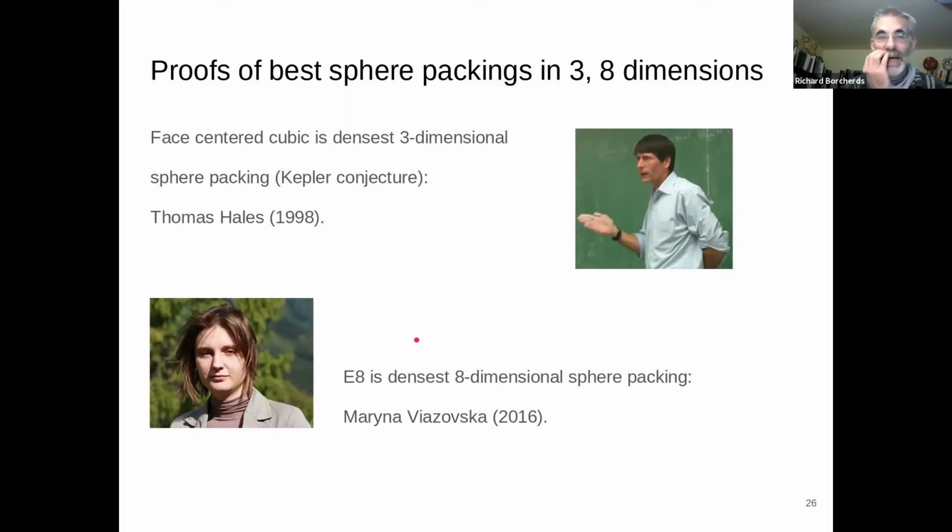The fact that E8 is the densest packing in 8 dimensions was proved by Maryna Viazovska in 2016, who came up with this absolutely stunning proof of it. This was an extension of some work by Henry Cohn and Noam Elkies, who showed that E8 would be the densest 8-dimensional sphere packing, provided you could find a certain magical function with certain rather bizarre properties.